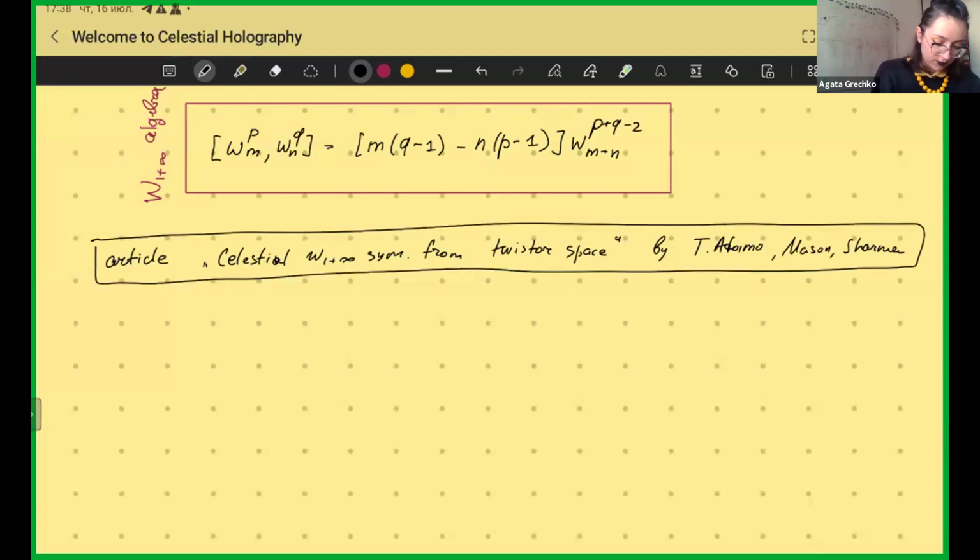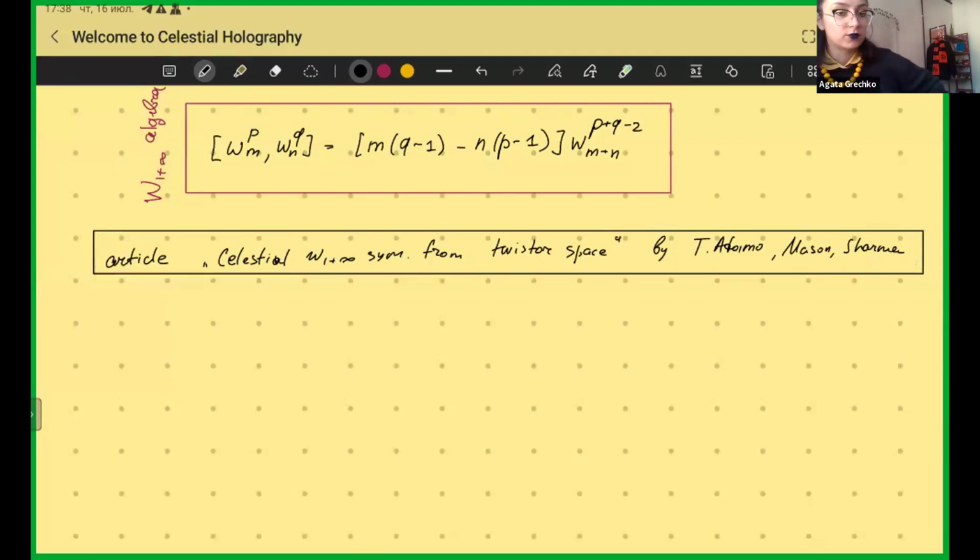So I will not go into strict rigorous details in this paper. I will just try to give a brief idea of how it's expected to find this connection with twistor space and why they actually found it.